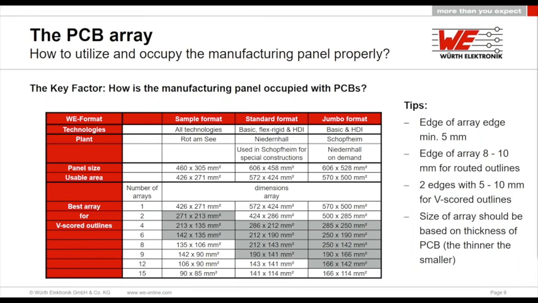And please keep in mind that the size of the array should always be based on the thickness of the PCB, because the bigger the PCB array is, the more critical it is when it comes to bending. So the thinner it is, the more it bends, and therefore the thinner it is, the smaller the PCB array should be, so that the handling in your assembly line is still good.